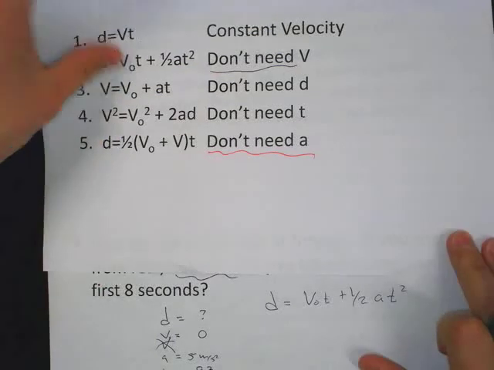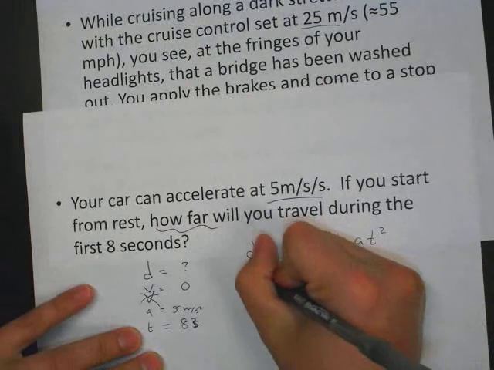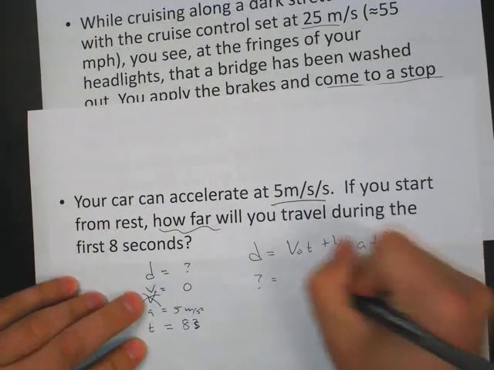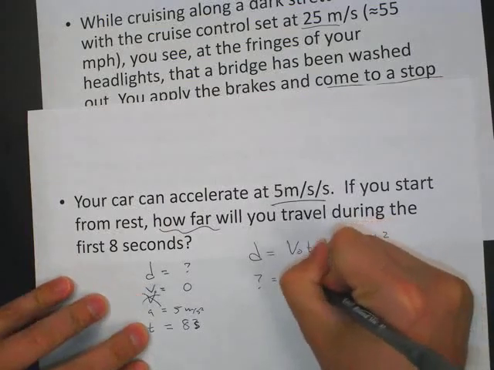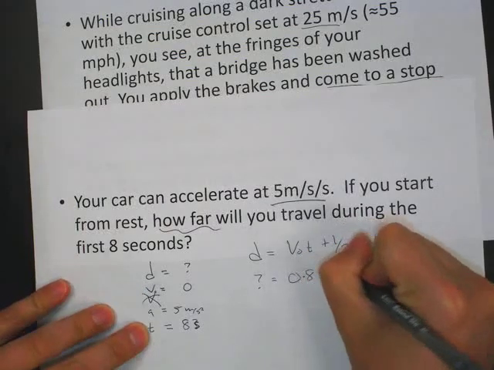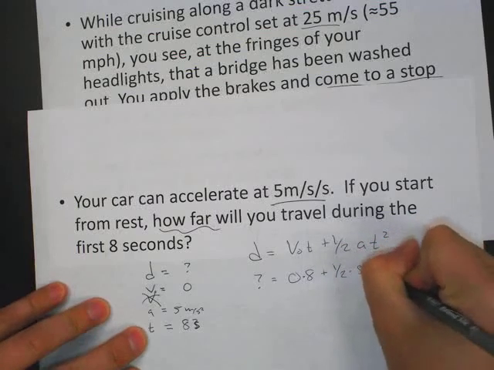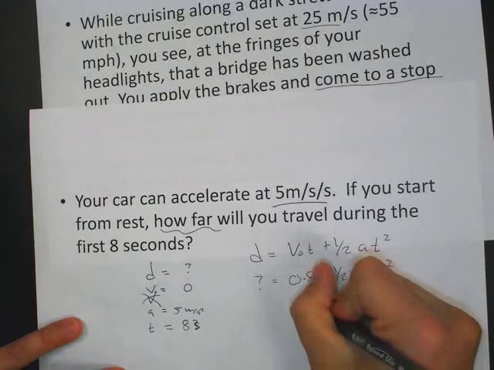So let's plug in what we can. Our d is still our question mark. Our v naught is 0. Our t is 8. 1/2 times a, which is 5, times t, which is 8, squared. 0 times 8 is 0.